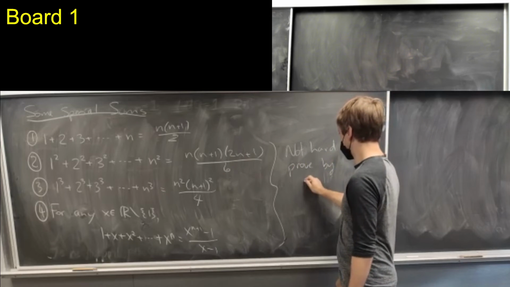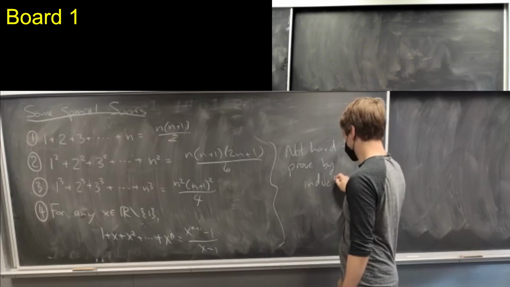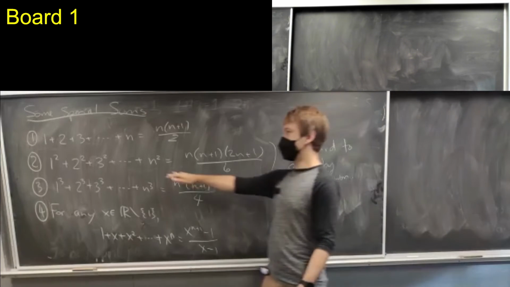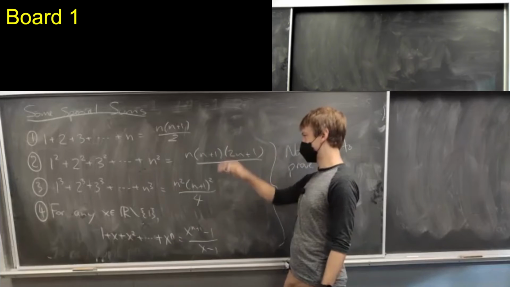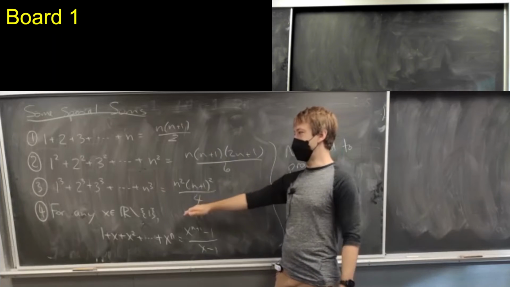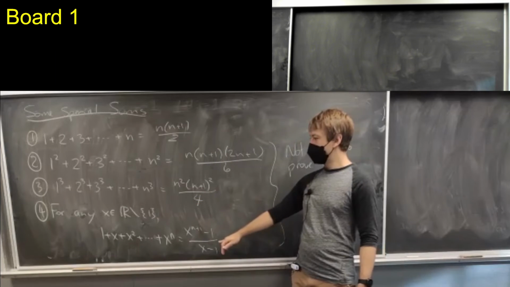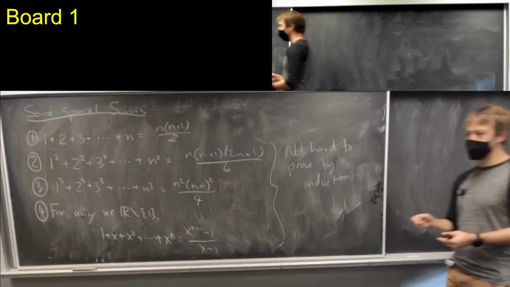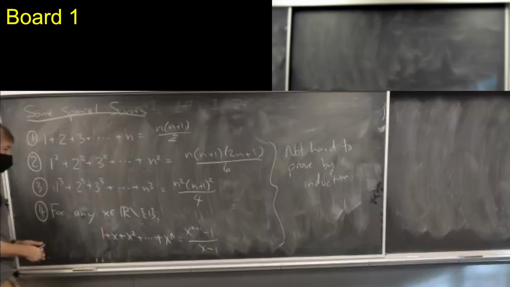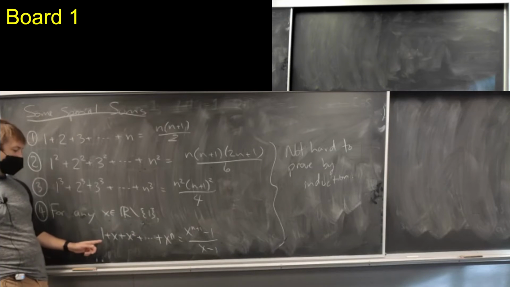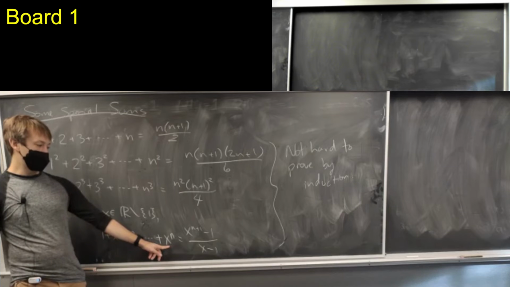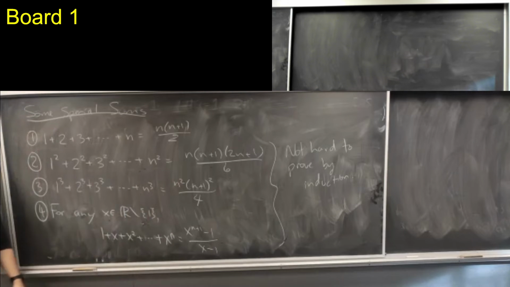By induction. Okay. So if you sum up all the squares of the numbers up to n, you get this. I mean, none of these are very enlightening, I guess. The fourth one is kind of different. It says if I take a real number x, which is not equal to 1, and I add up 1 plus x plus x squared all the way up to x to the n, I get x to the n plus 1 minus 1 over x minus 1.